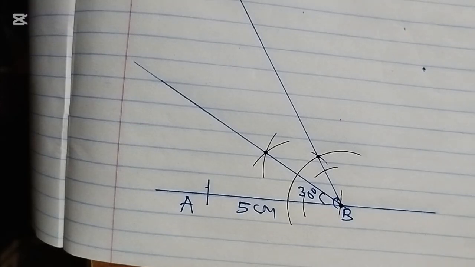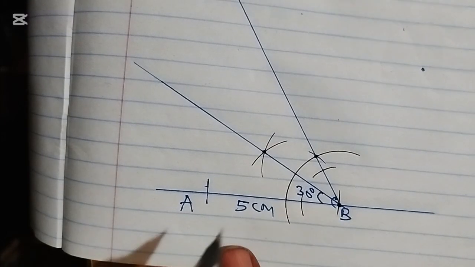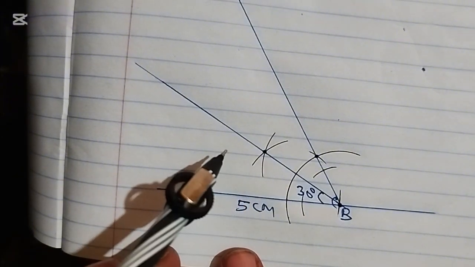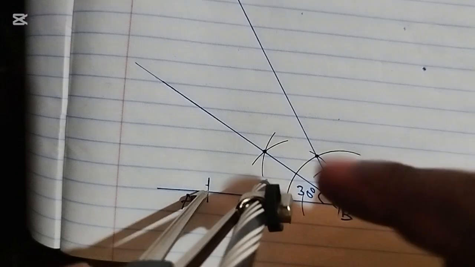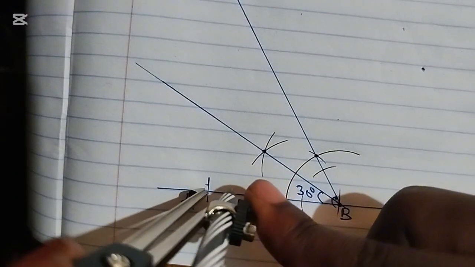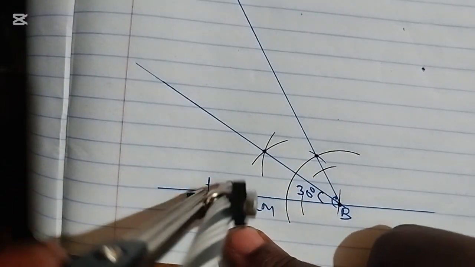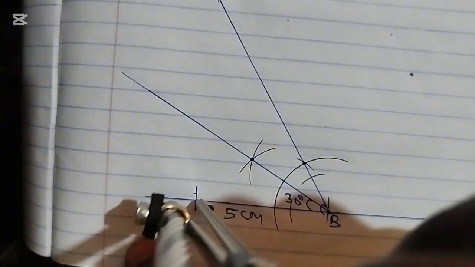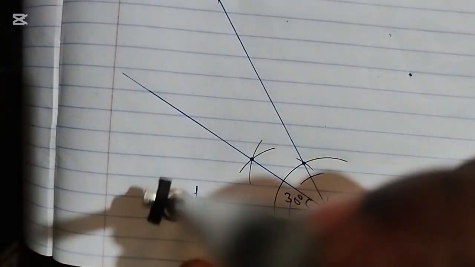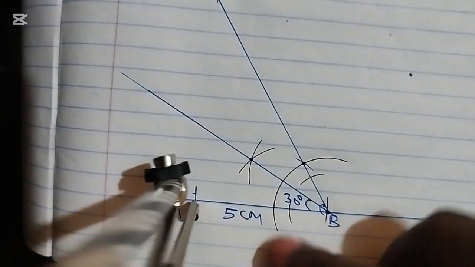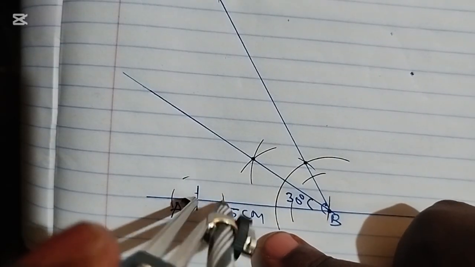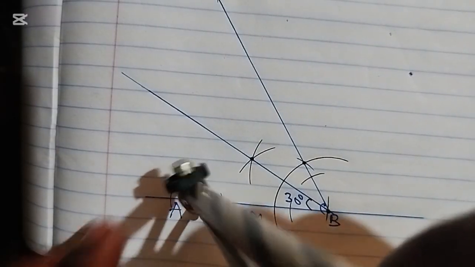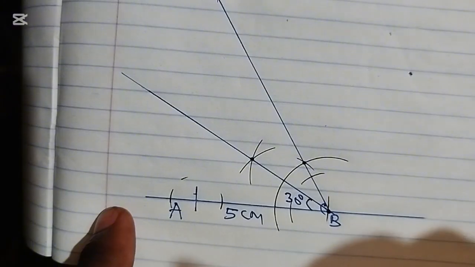To construct 90 degrees, first you stand at A here. After standing at A, ladies and gentlemen, make an arc on the left hand side. Make another arc at the right hand side. Hope I've not interfered with it. Yes.